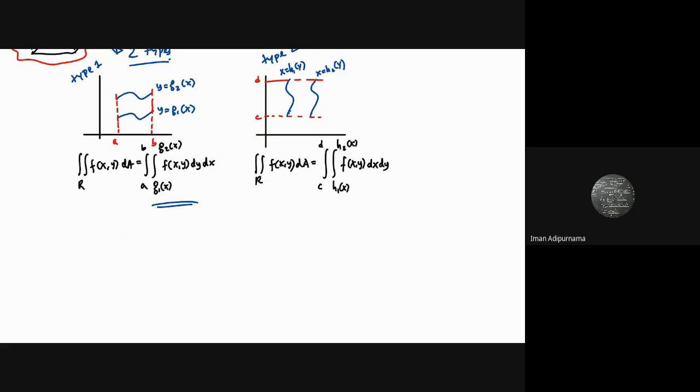Practically speaking, for both of these types, it depends on what calculation we are looking for, or what questions we have. If we can define the functions in terms of x or in terms of y, then we can choose whichever method we are going to use. Okay, so let me give you an example. Maybe one or two examples.